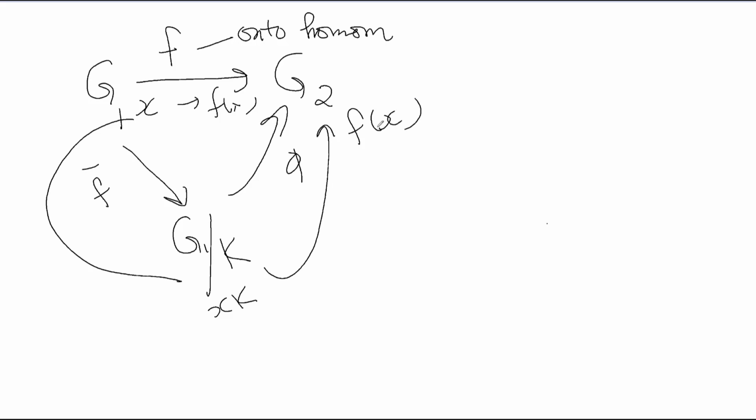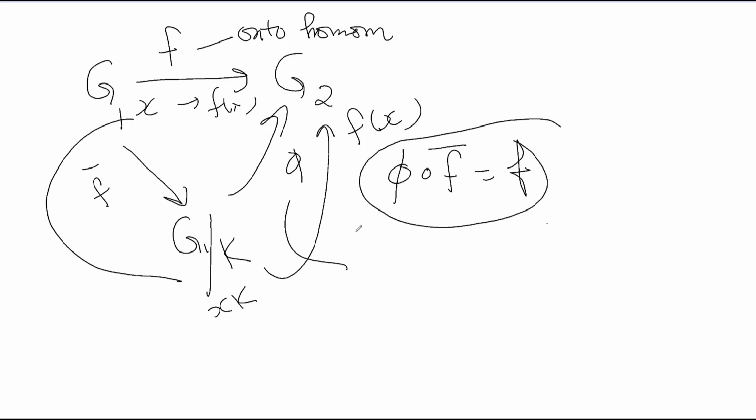We can also see that if we compose phi with f bar, we are simply going to get f. So this composition is true, and phi is an isomorphism.